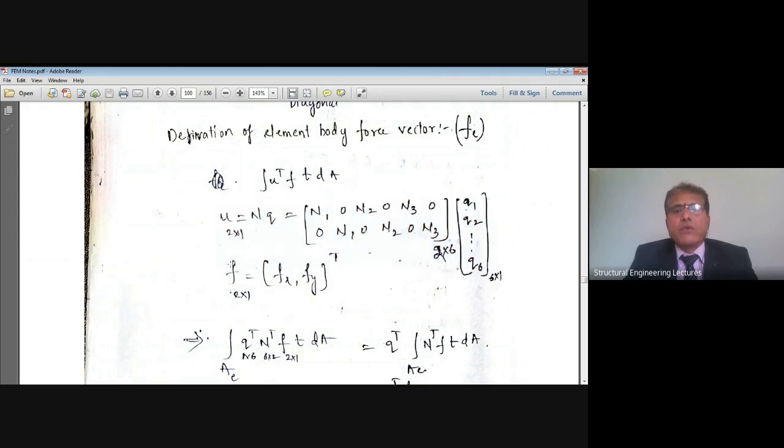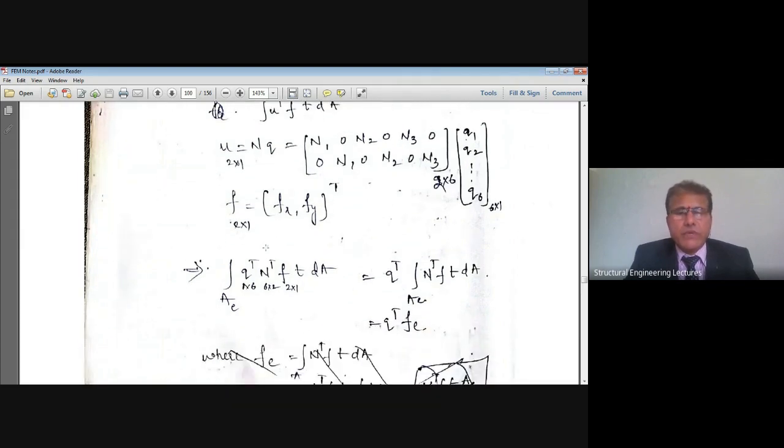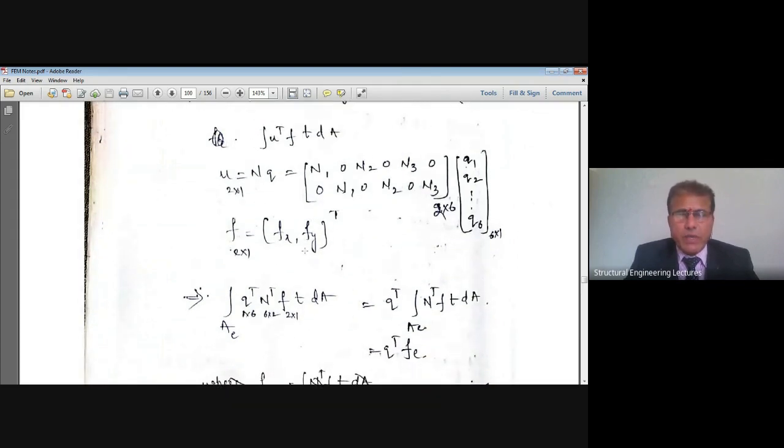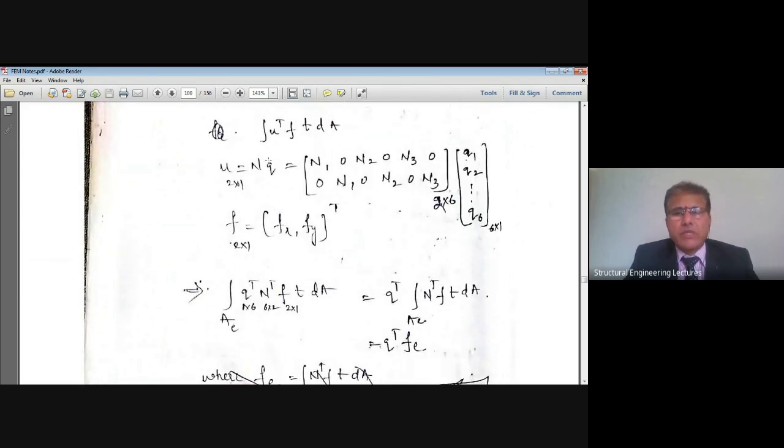Then we also know what F is, the body forces, which can be split into X and Y directions, Fx and Fy, which is a 2 by 1 vector. Now I'll back substitute these in the above equation. The above equation will now become Q transpose, because U transpose is nothing but Q transpose multiplied by N transpose, multiplied by F dV.